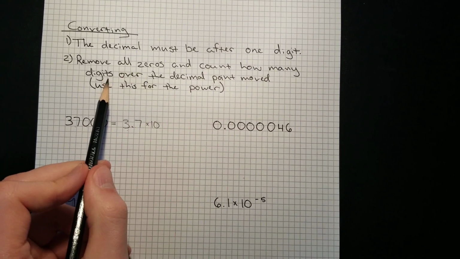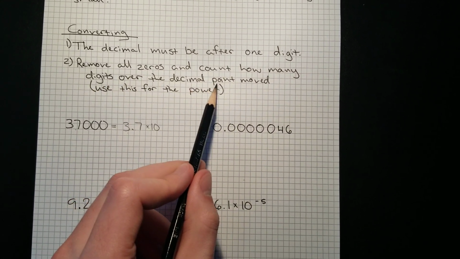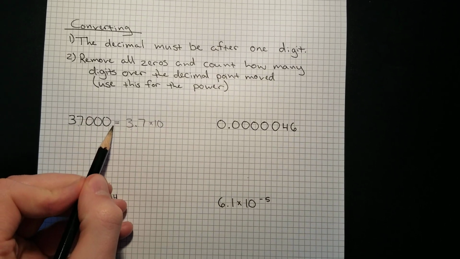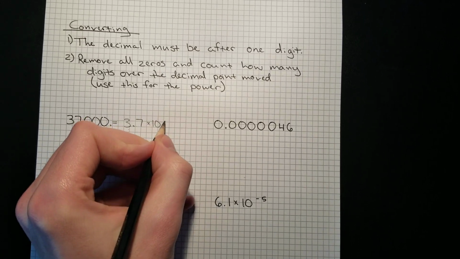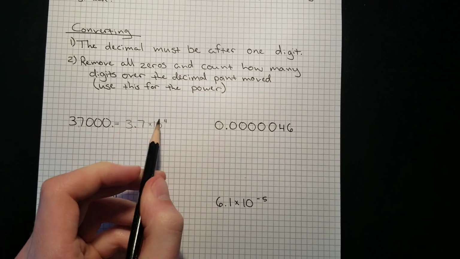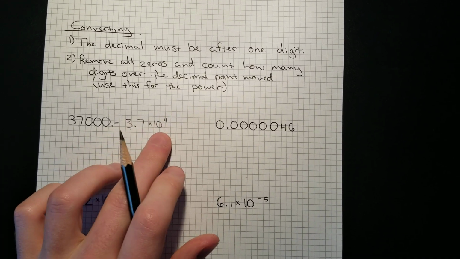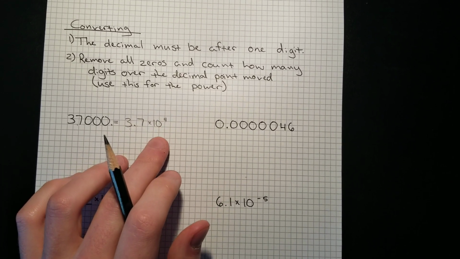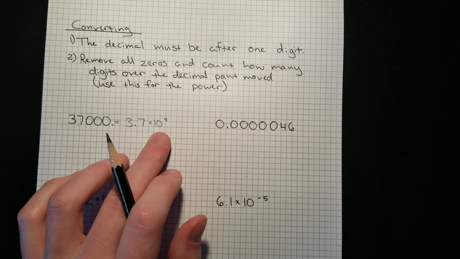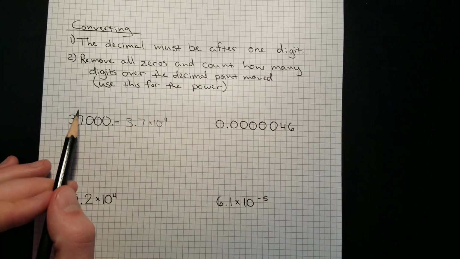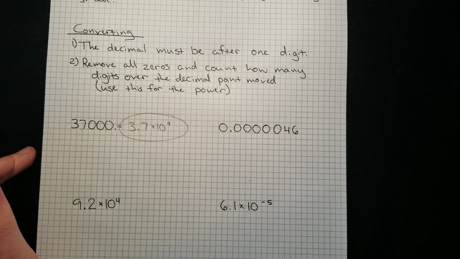We count how many digits over the decimal point has moved. The decimal point was here, and we went back 1, 2, 3, 4. So that means we're going to put a 4 power on the 10. And we know this works because 3.7 times 10 to the fourth would be 3.7 times 10,000, which is this. So that would be the answer. That's how you have to do that.